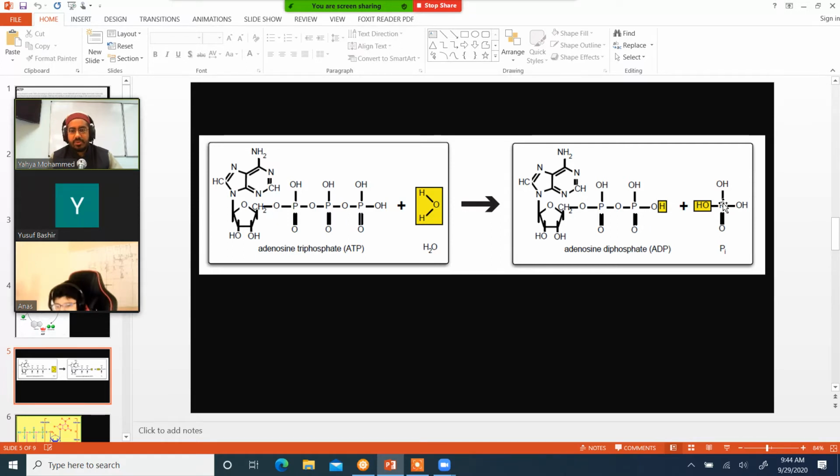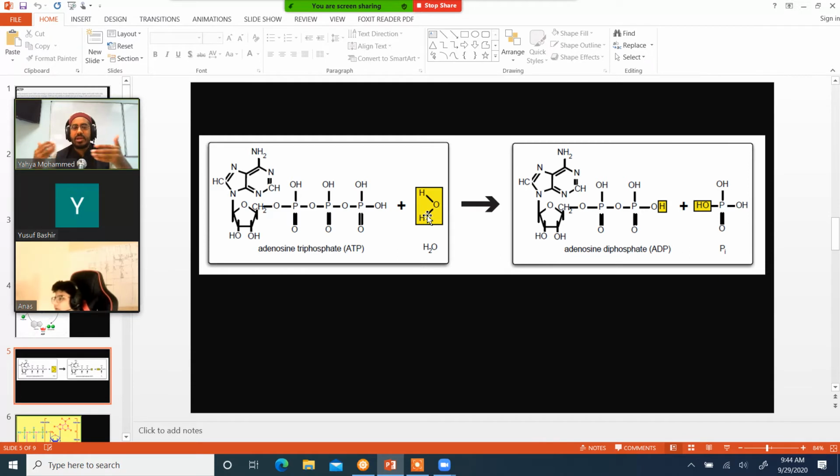These two on the right used to be joined together, but now they've broken apart, and one of the hydrogens from the water is over here, and the other hydrogen and the oxygen is over here on the other side. This process, where you use water to break apart a molecule, is called hydrolysis.